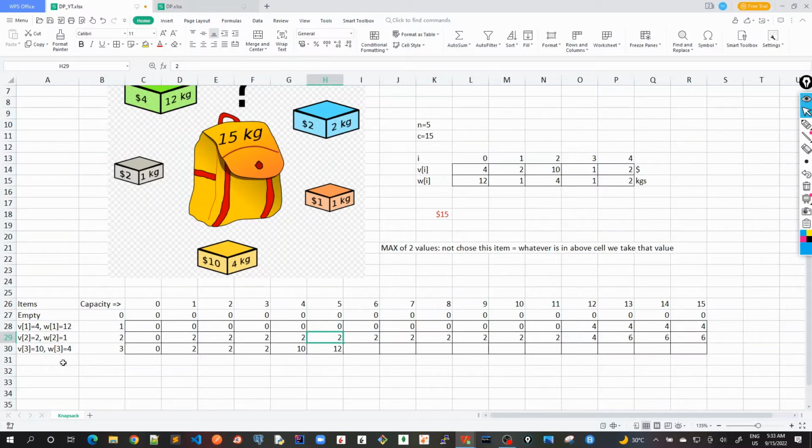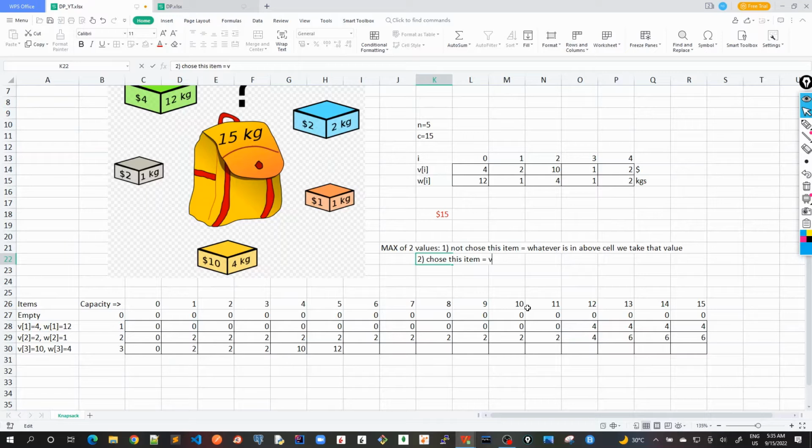Now the second scenario is that when we choose this item, we have got a weight of 4 kgs, right? The second scenario is that if I choose this item, then we have to take the value. What's the value for this?